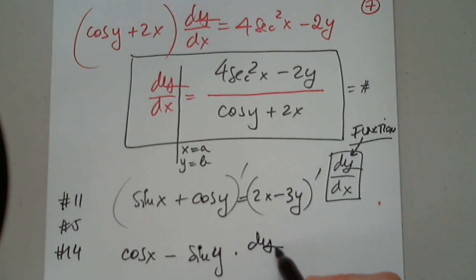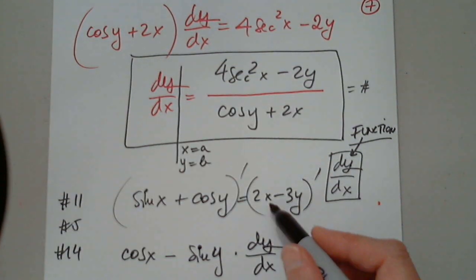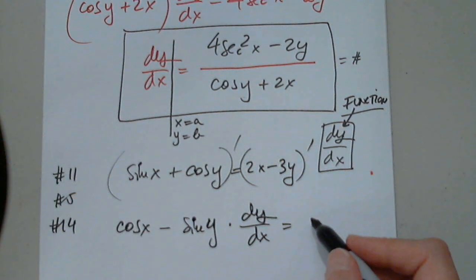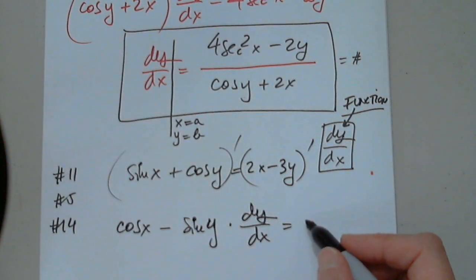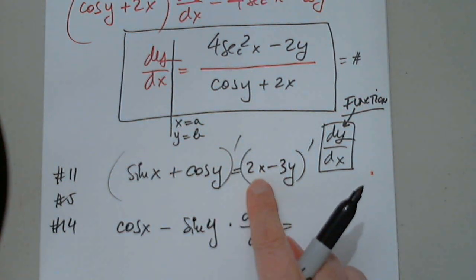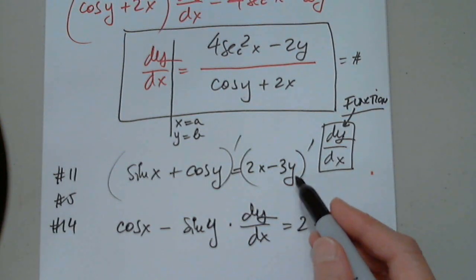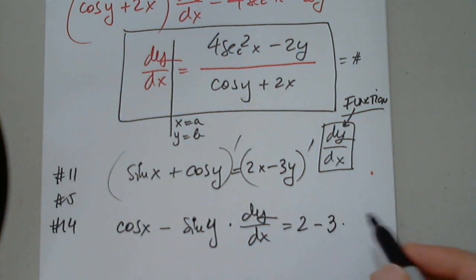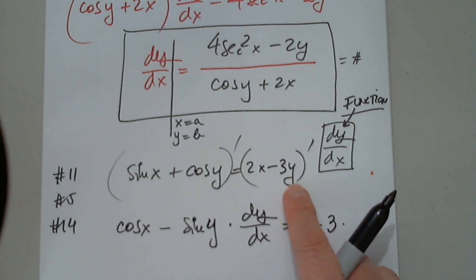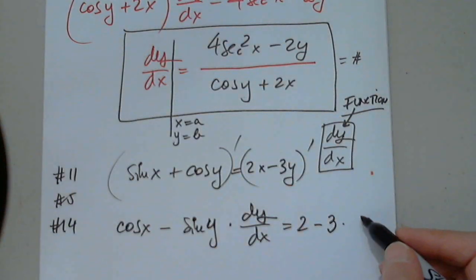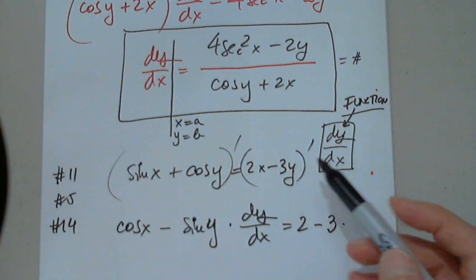Dy dx. Perfect. On the other side, 2x prime. Good. Minus 3 times y. But y is a function, so I have negative 3 times the function prime. Dy dx. Very good.